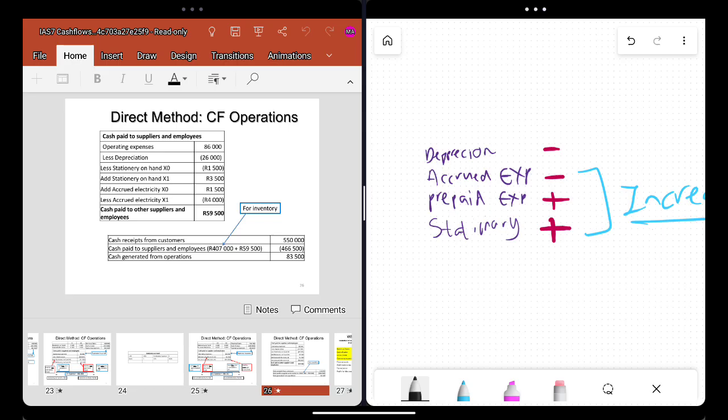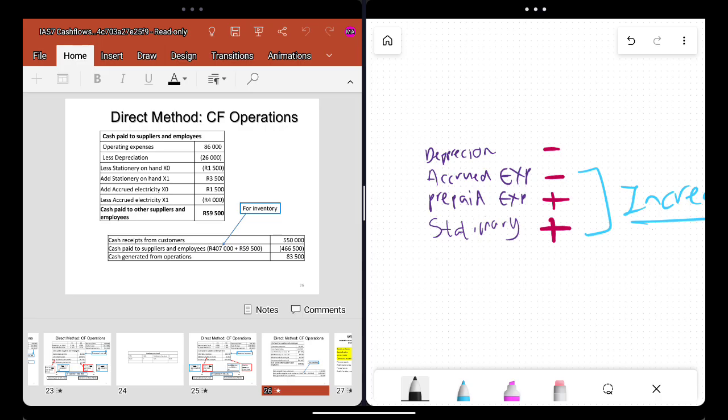The operating expense in the income statement follows the accrual concept, right? So they might say over here 86,000, but it doesn't mean cash went out is 86,000. It does not mean that. So you're converting from an accrual basis to a cash basis. So we have to change this figure, the operating expense, to make it in terms of how much cash went out from the business.